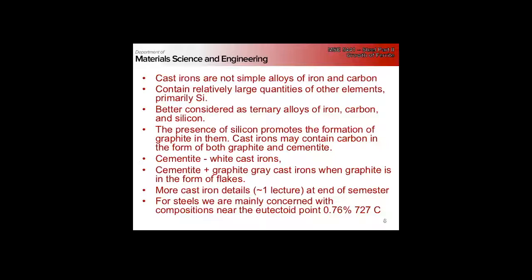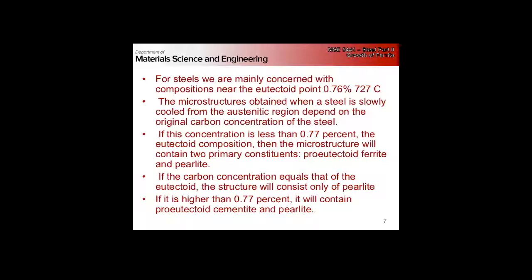The silicon promotes the formation of graphite, and so cast irons, if they're gray cast irons, have both graphite and cementite. White cast irons are cementite only. But that's it on cast irons until the end of the semester. Right.